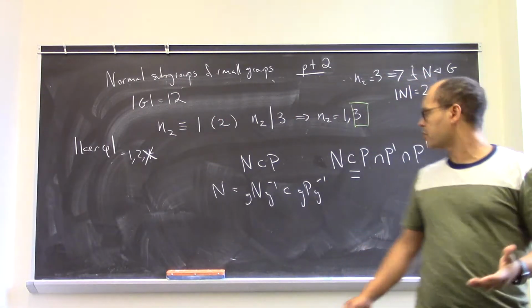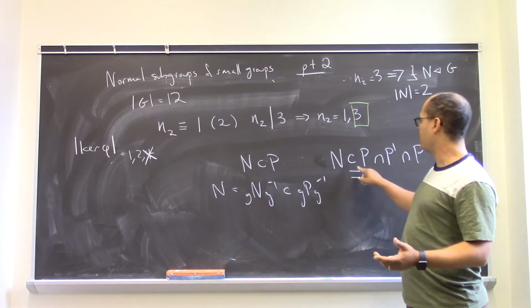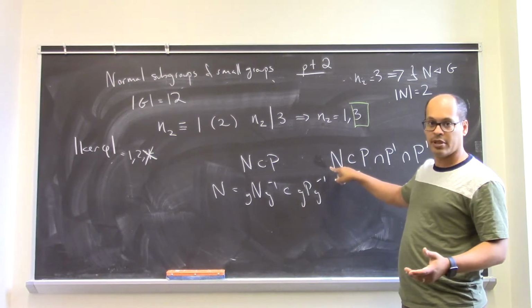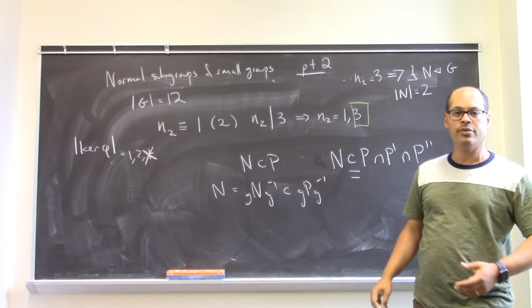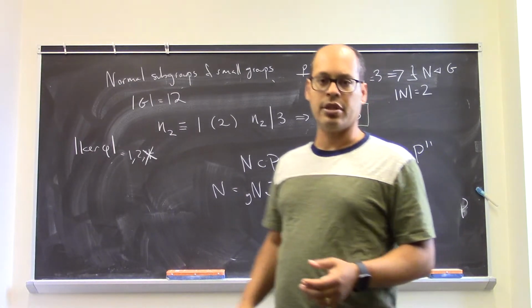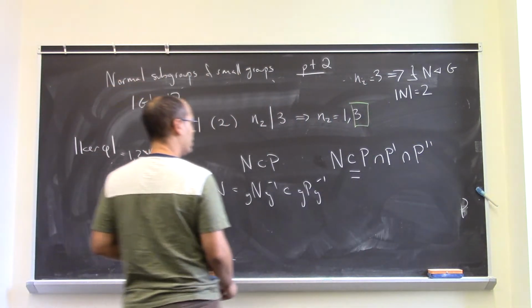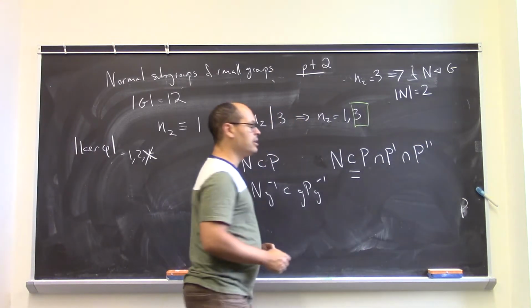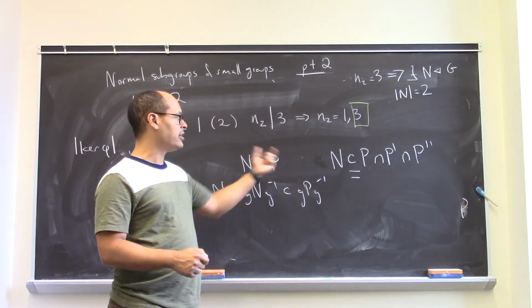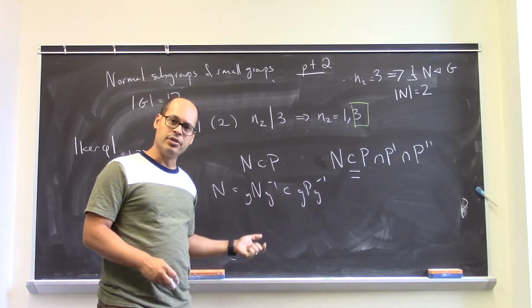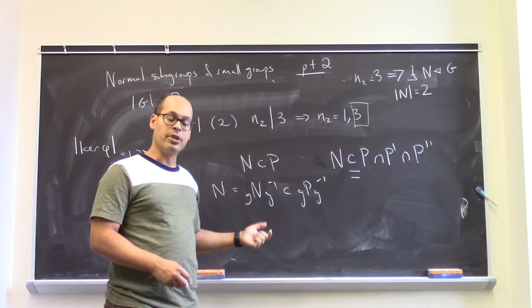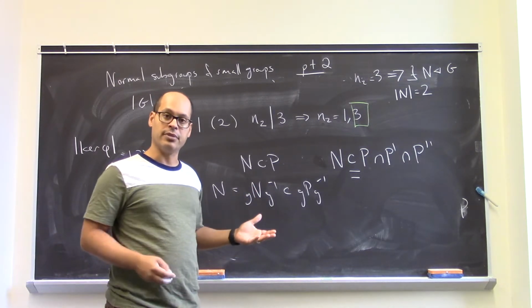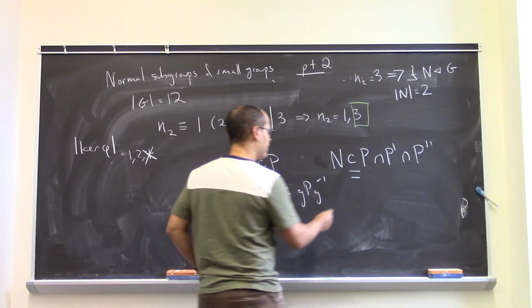They're all size 4, so if it's smaller than any of them and non-trivial, it has to be order 2. The intersection has to therefore be n. That's the only possibility. So n can be characterized as the intersection of all the Sylow 2 subgroups, and therefore it's preserved by any automorphism, and it's therefore characteristic.